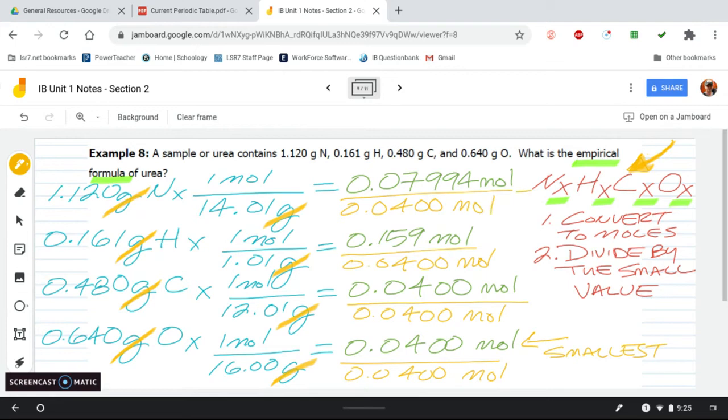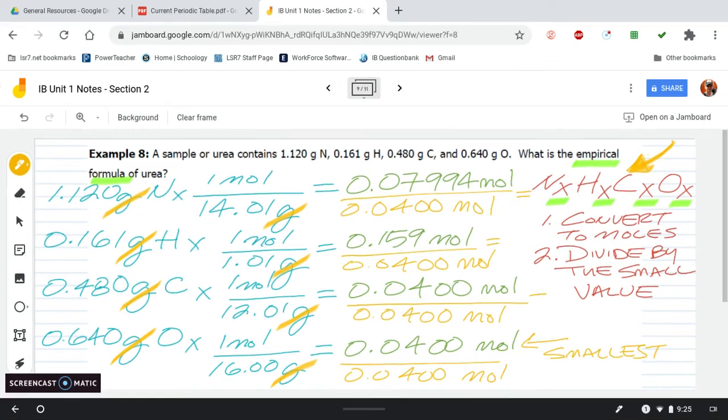And usually they do. They either give you nice clean decimals like 1.5, 2.5, 2.3, whatever, or they're going to give you nice whole numbers. So let's do the math on this. This first one, you're going to go 0.07994 divided by 0.04, and you're going to get 1.9985.